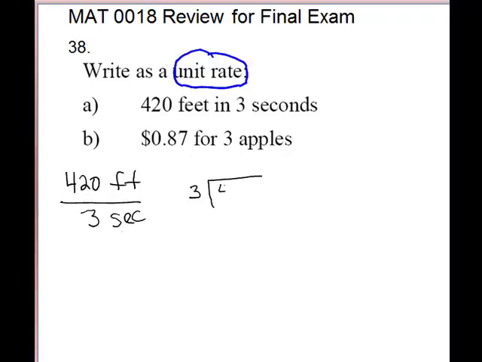So 3 into 420 gives us 140, and we need to keep the rate, or the unit, as a fraction, feet per second. So 140 feet per second.